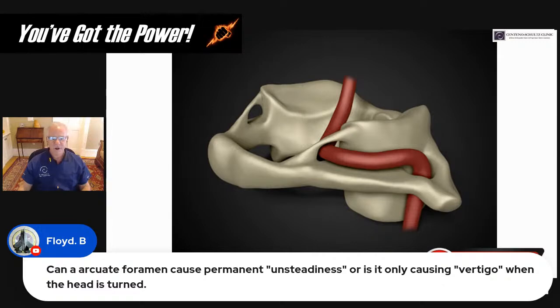Okay, so the vertebral artery goes through this little extra bony arch. Normally the vertebral artery comes through here. There's a little hole in this transverse process of C1, and then it goes this way underneath the 0-1 joint. So remember when I've said that you've got to get someone who has a lot of experience in injecting the 0-1 joint.